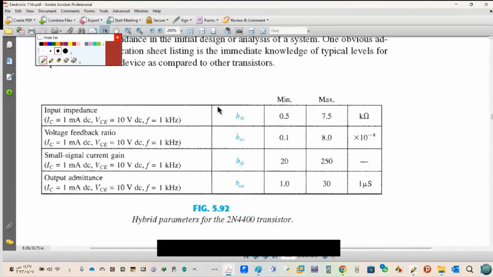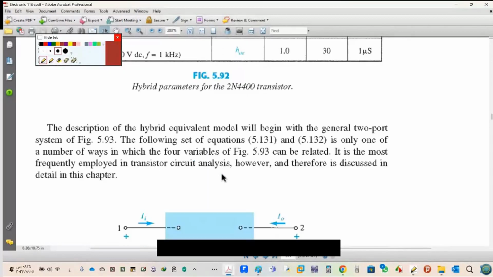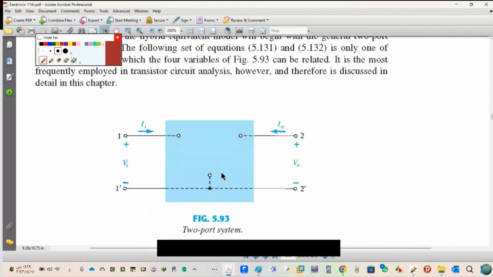I will explain them. This is for any model, minimum, maximum, and the condition is IC, for example, 1 milliampere, VC is 10 volt DC, frequency is 1 kilohertz, so we can find these parameters. Let's directly go to the explanation.